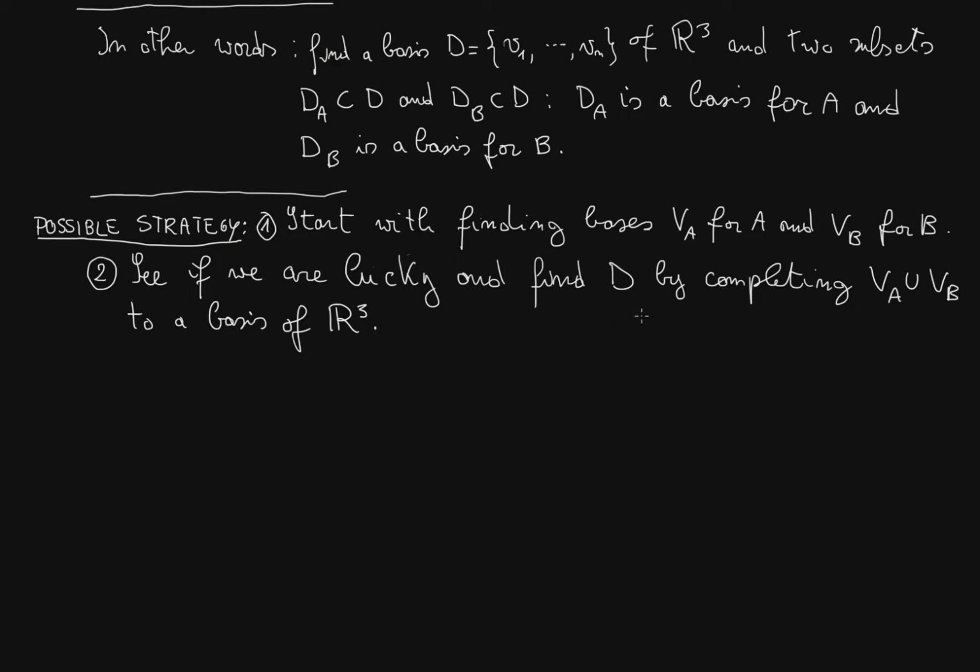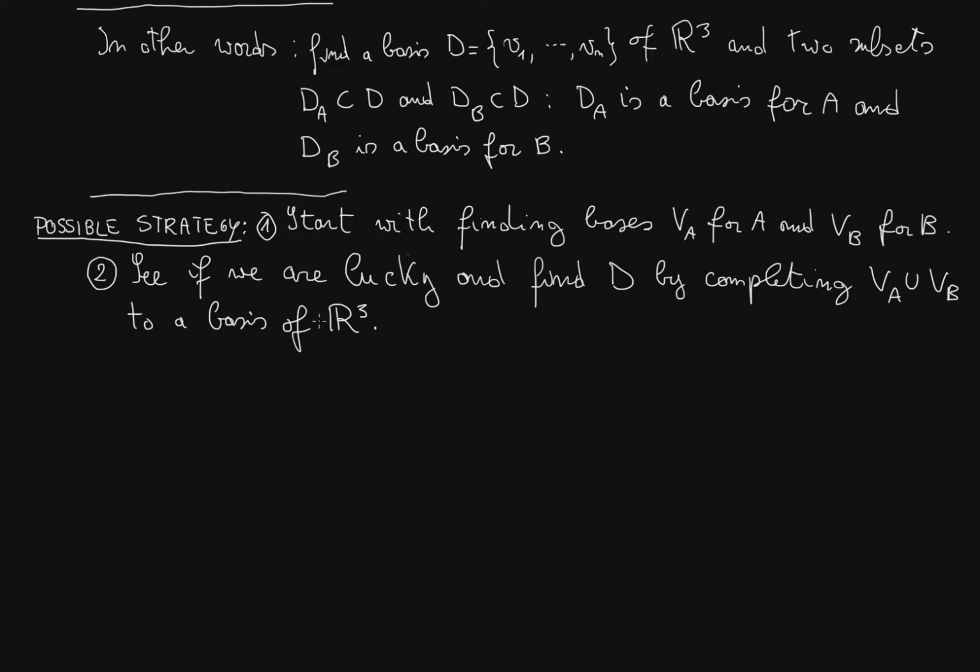If we can complete VA union VB to a basis of R3, then certainly inside D we will find two bases, one of A and one of B, namely VA and VB.